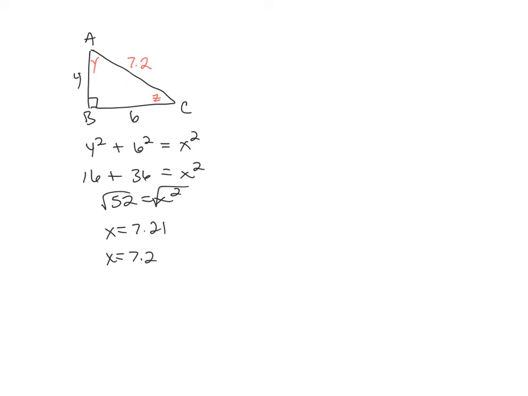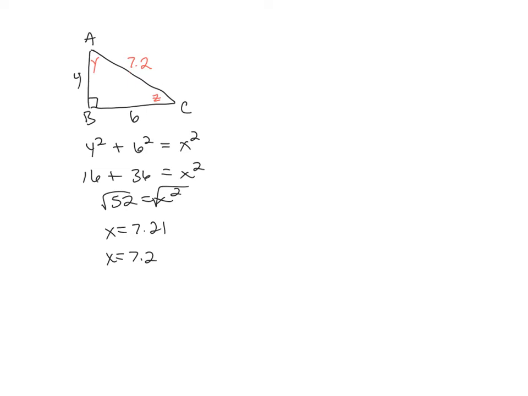But you're going to need to use the 4, the 6, or the 7.2. Now, I would always use the whole numbers when possible, no matter what. It's more accurate. It's typically going to be easier to do. So I'm going to use the 4 and the 6. I'll just go in order. We'll do angle A, which is the y one.